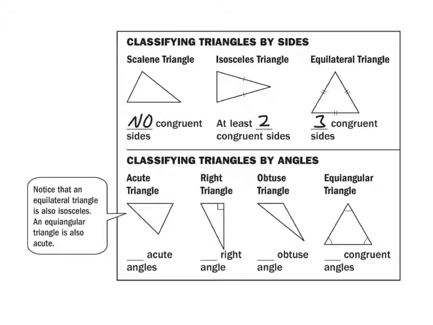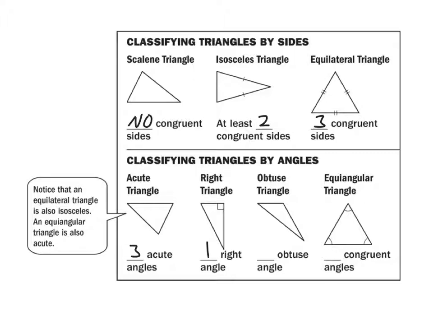Let's talk about classifying by the angles. So an acute triangle has how many acute angles? 3. Absolutely. All 3 angles have to be acute for it to be an acute triangle. A right triangle has how many right angles? Can it have more than 1? Absolutely not.